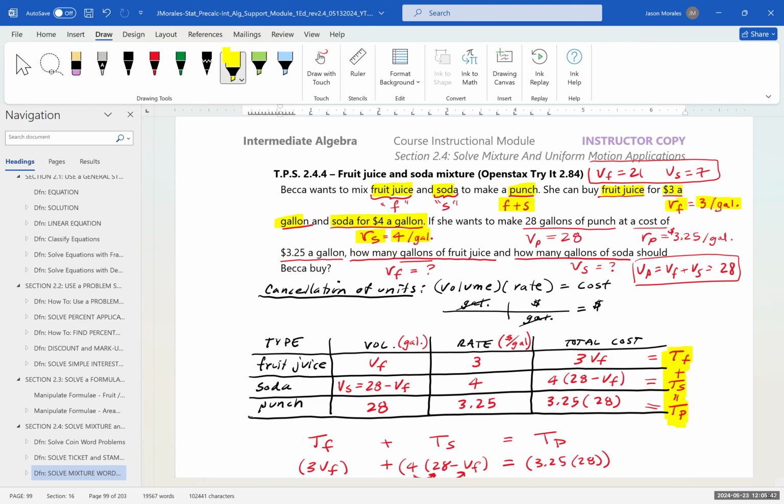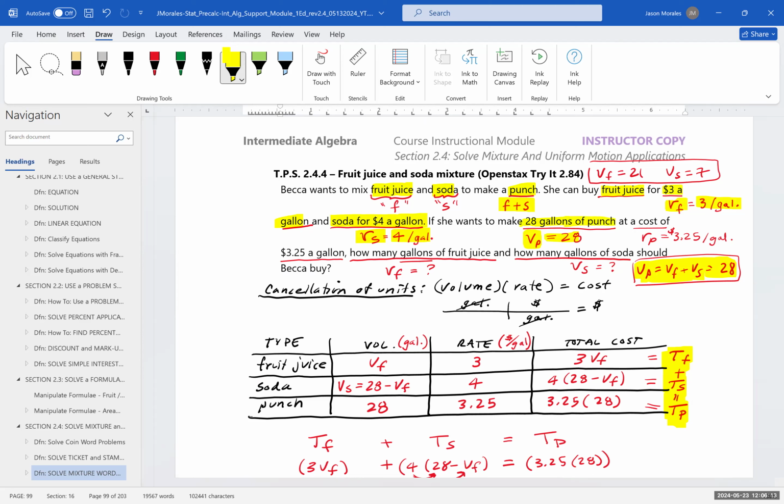Since it's 28 gallons, this is volume. And so the volume of the punch that we're making is going to be equal to 28. And remember here, we know that the volume of punch is going to be equal to the volume of the fruit juice plus the volume of the soda, and that equals 28. So we can make this extended equivalence here with this observation in the word problem.